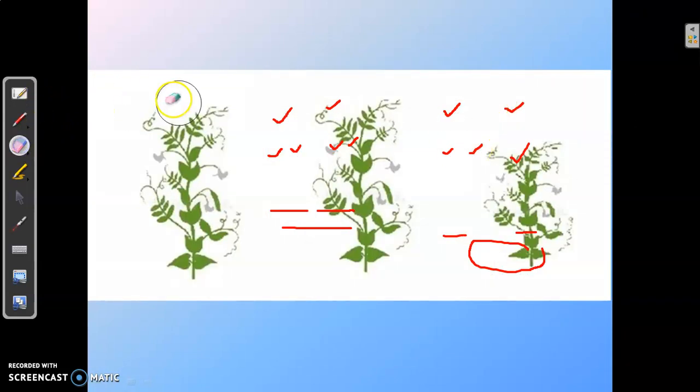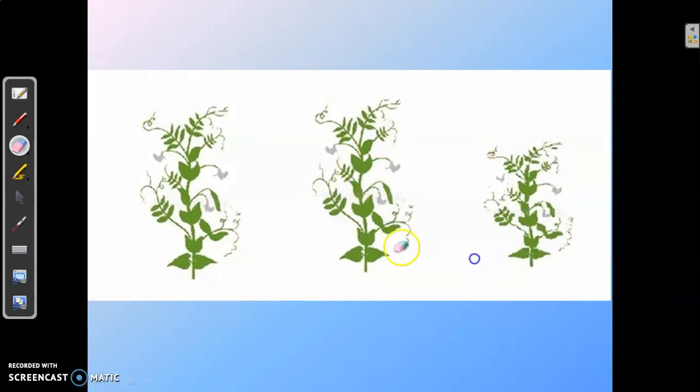For this, now let us look at this picture. Here we can see two tall plants and a dwarf plant. So phenotypically these two are tall and the third one is a dwarf plant. If we want to know the genotype, the dwarf plant being recessive in nature, its genotype is small t small t.